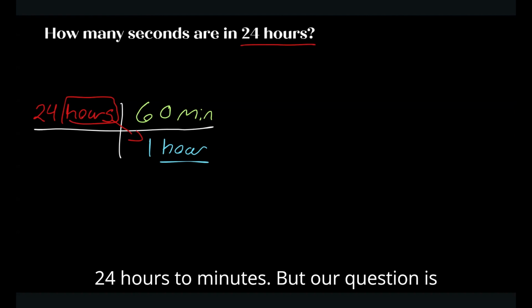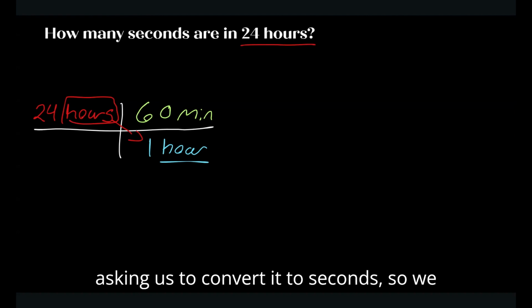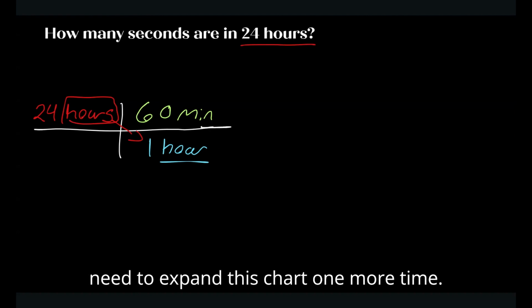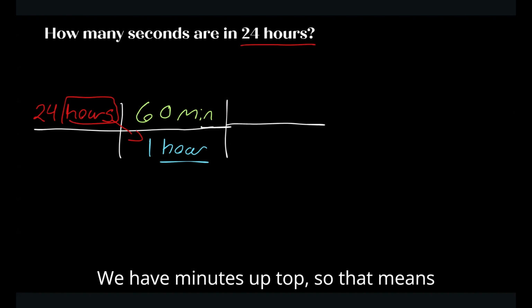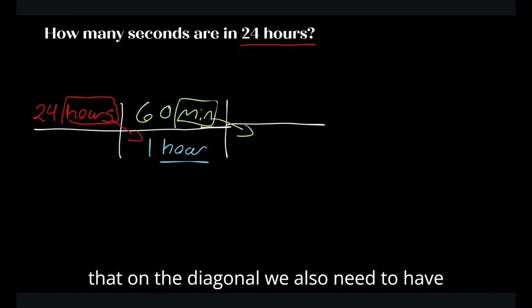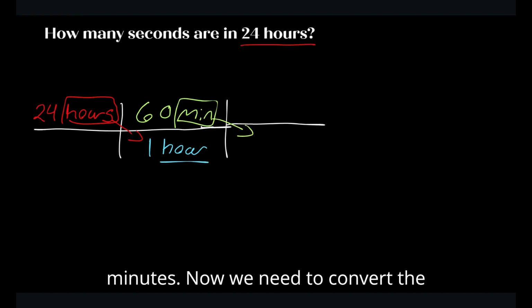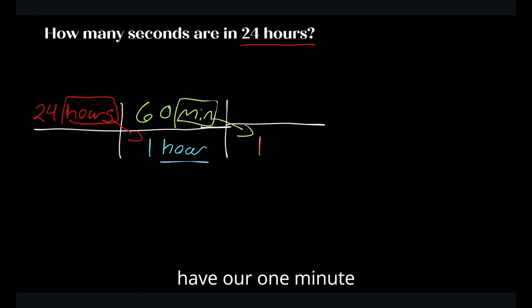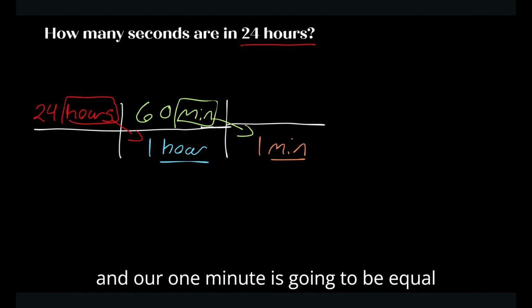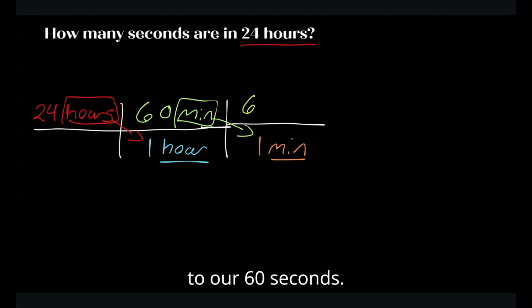So right there, with my 1 hour is equal to 60 minutes, I can easily convert my 24 hours to minutes. But our question is asking us to convert it to seconds, so we need to expand this chart one more time. We have minutes up top, so that means that on the diagonal, we also need to have minutes. Now, we need to convert the minutes to seconds. So we are going to have our 1 minute, and our 1 minute is going to be equal to our 60 seconds.